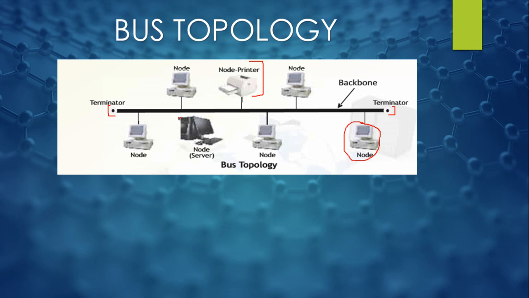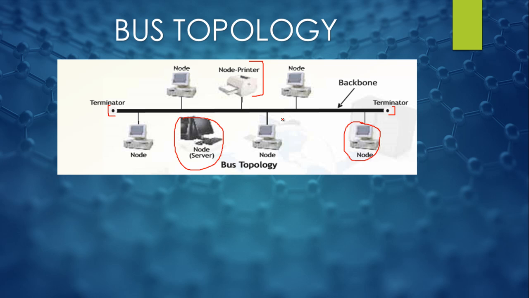Suppose this is a server computer. All these systems are connected to this single cable. Just remember, in this topology a single cable is set in the area where you want to set the network, and each computer is connected with that single cable.